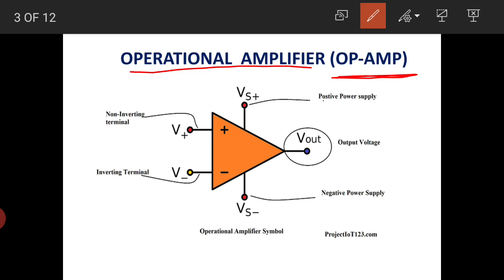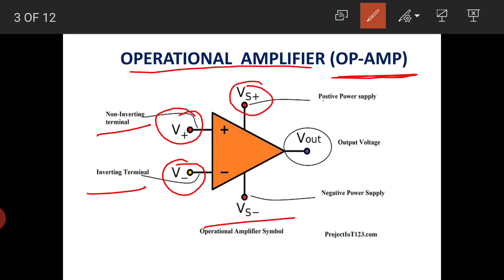This is the symbol for operational amplifier. It has two input terminals, one is the non-inverting terminal and another is the inverting terminal. And it has two supplies, one is the positive supply, another is the negative supply.